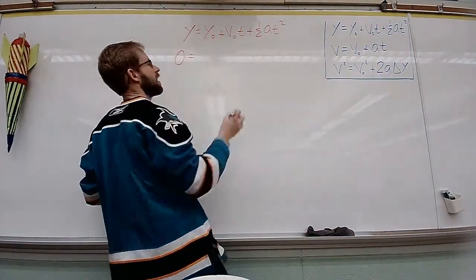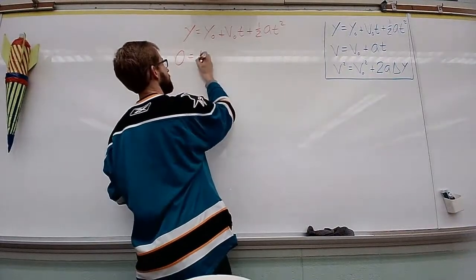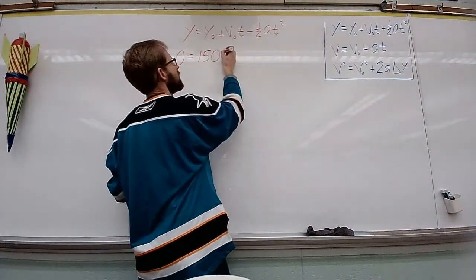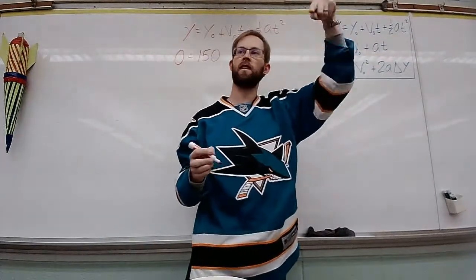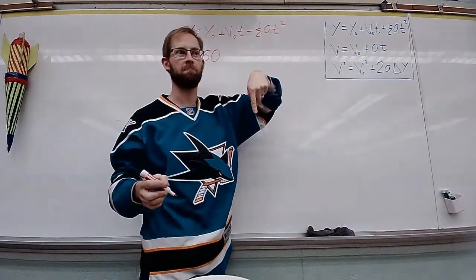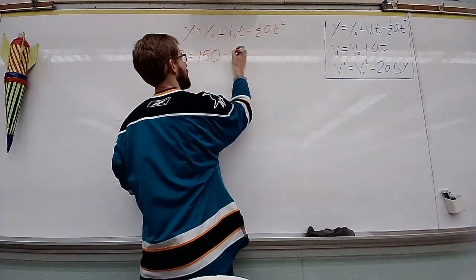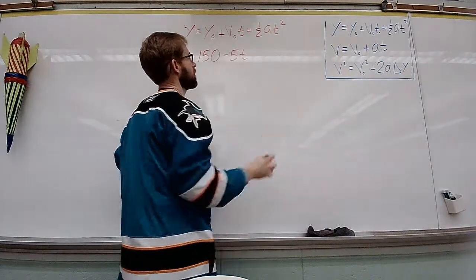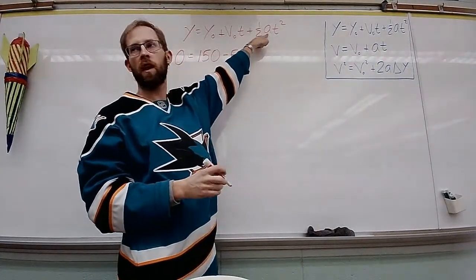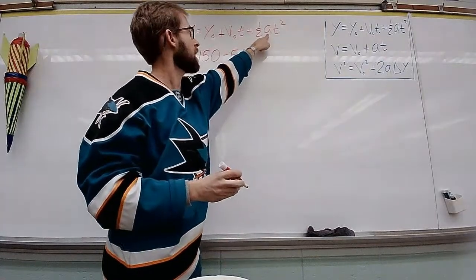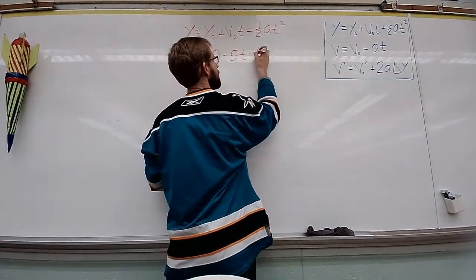What is the original height? 150. And then we've got an original velocity. He's throwing it down at 5 meters per second. So what's the original velocity? -5, right on the money. And then we've got 1/2 at squared. 1/2 times -9.8 is going to be -4.9.